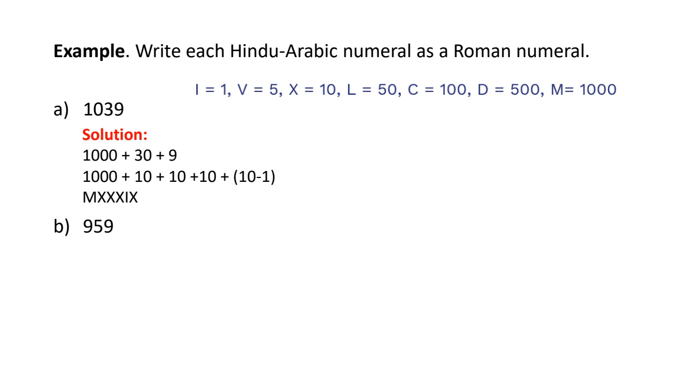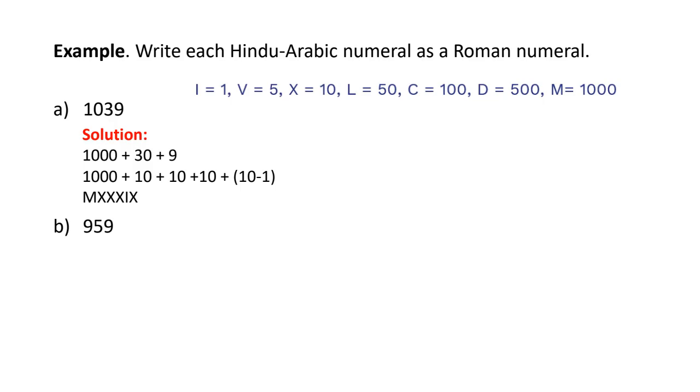So instead, I need to get the 9 as a subtraction by doing 10 minus 1. So we would put the I first and then the X so that it works as a subtraction. So MXXIX represents 1,039.